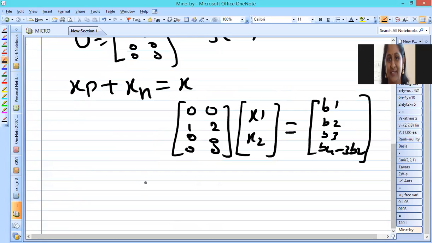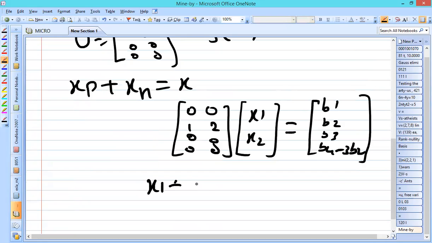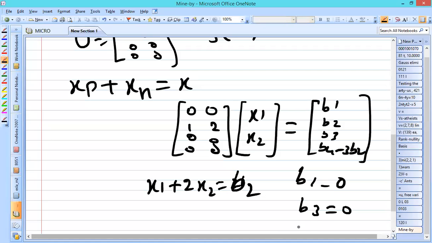So here we'll have x1 plus 2x2, and the remaining elements will be 0, that is 0 into x1 plus 0 into x2, equal to b1. So b1 will be 0. Similarly, x1 plus 2x2 will be equal to b2. And next, we'll have b3 as 0 and b4 minus 3b2 is equal to 0. So this much you'll be getting.